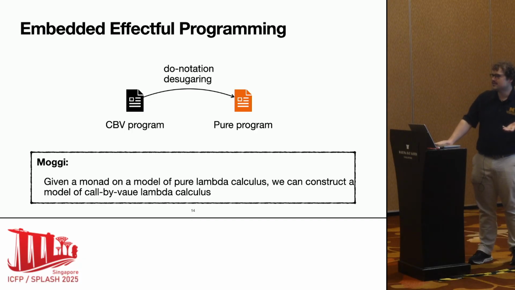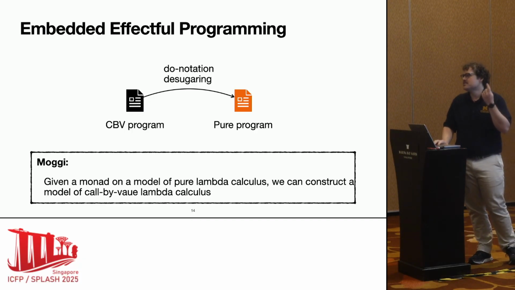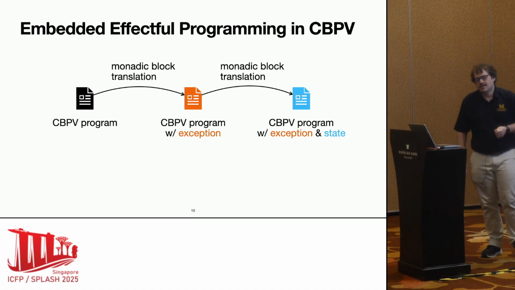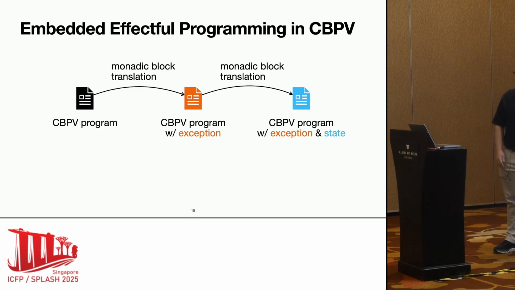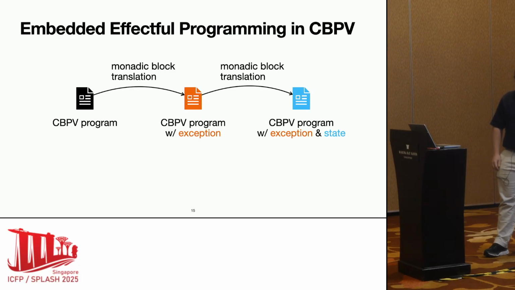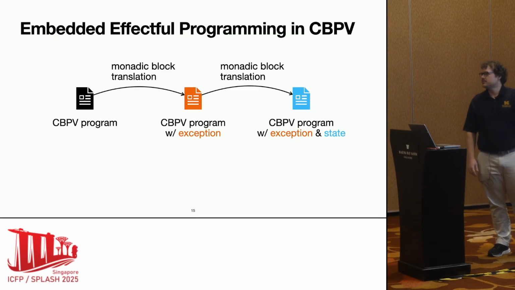Okay, so what does this look like in call by push value? Well, we get something even better. Okay, so unlike the previous case where we're translating from an effectful language into a pure language, the difference in call by push value is we actually are translating from call by push value to itself.